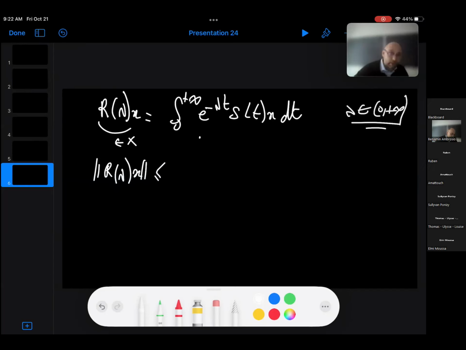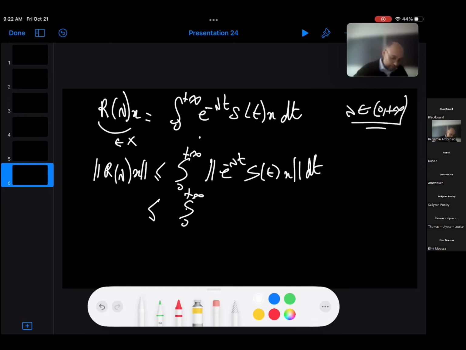In order to do that, I just take the norm, and so I know that this quantity is less than the integral of the norm, which is less than the norm of S(t)x dt.